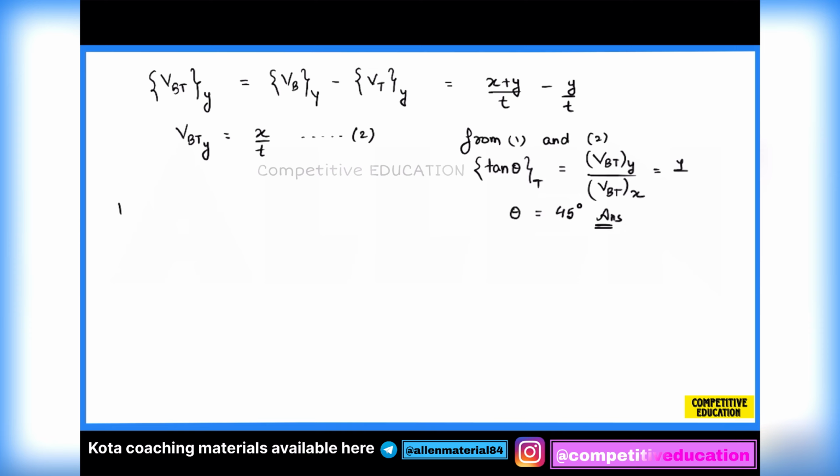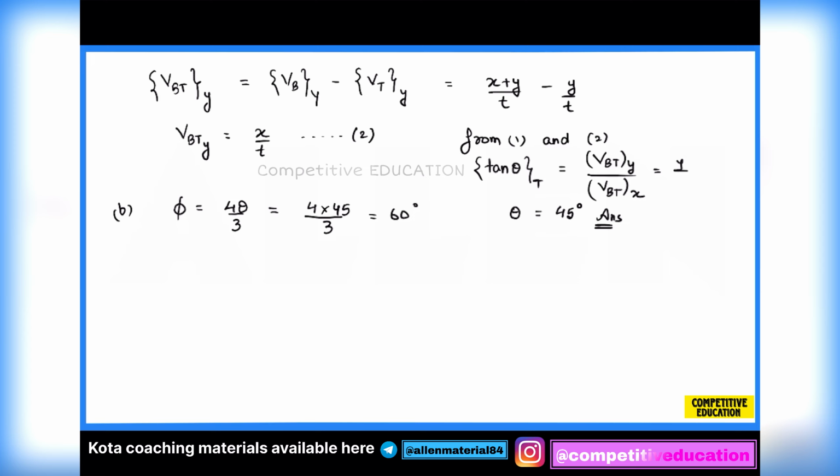Now moving to part B. In part B, phi is given as 4 theta by 3. Now putting in the value of theta, I get 4 into 45 by 3. So this angle will come out to be 60 degrees. That means, if seen from the frame of the plane, the angle made by the velocity vector with the x-axis is 60 degrees.